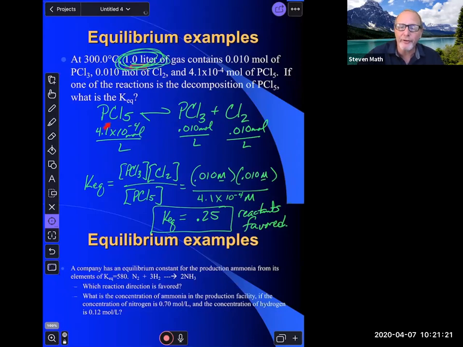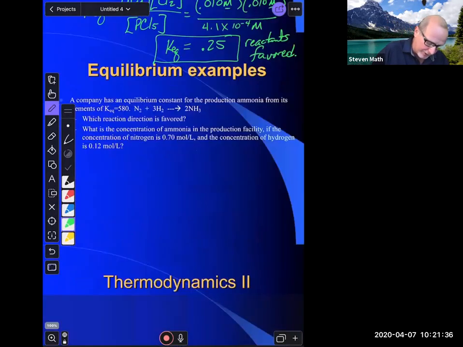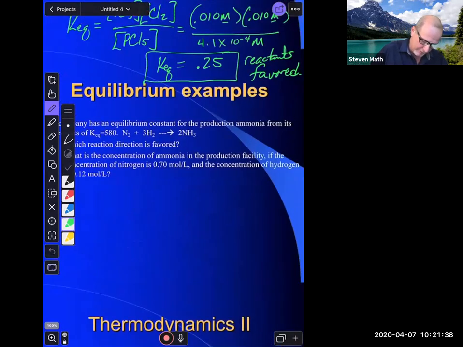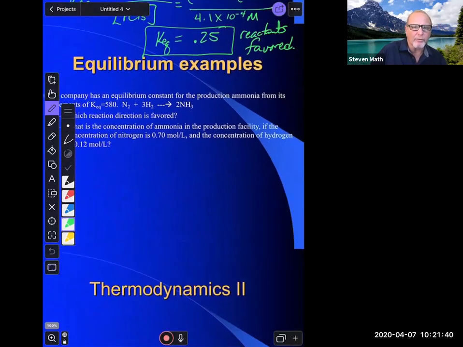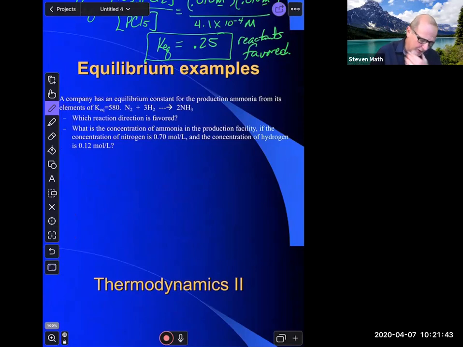Okay, so this is the first type of problem, where we're calculating what the KEQ is. Now in this second type of problem, we're going to go a little bit backwards. I'm going to give you the KEQ and we're going to have to calculate the concentration of one of the reactants or products. So a company has an equilibrium constant for the production of ammonia, and the KEQ is 580.